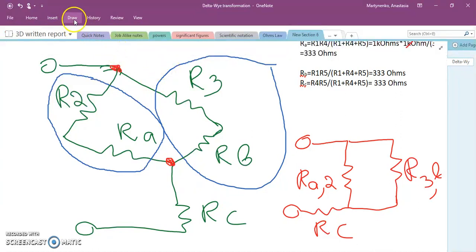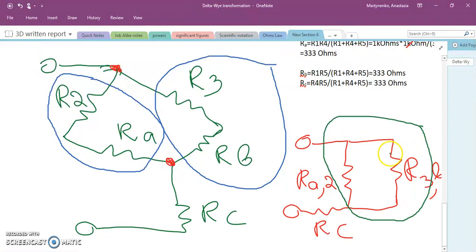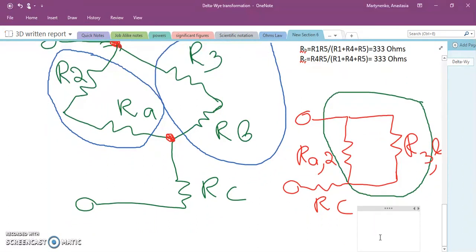So obviously, these guys are in parallel. And I can once again replace them, and in the end I'm going to get R total. So let's go ahead and solve this out. So first things first, right?